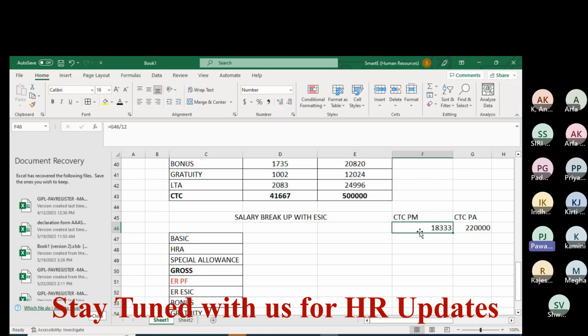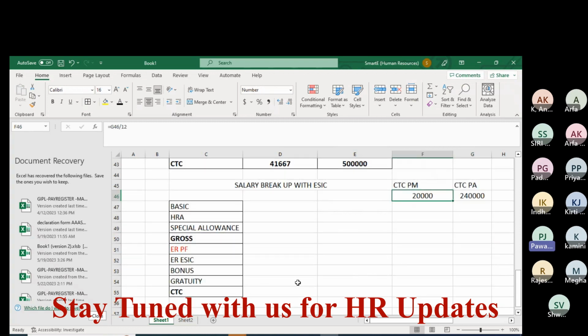So we have to create a breakup for the salary of 18,330 rupees per month. 20,000 rupees. It is good. We have to break up for 20,000 per month.